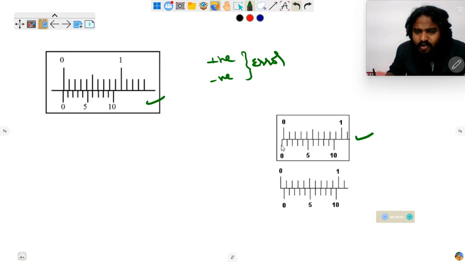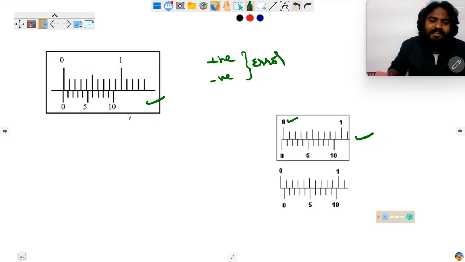The zero of the Vernier scale is forward to the zero of the main scale, right? So that means it is nothing but a negative error. The zero of the Vernier scale is not coinciding, it is forward to the zero of the main scale. So we can tell that it is a negative error.